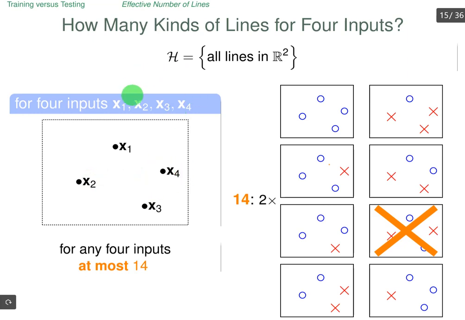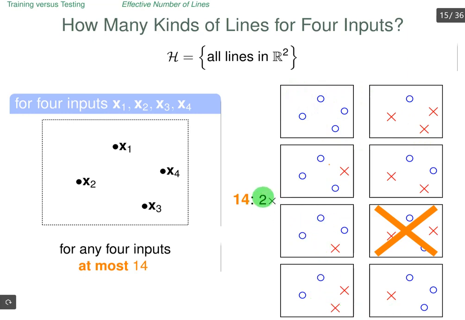Why 14, not 16? We will have 2 cases similar to nonlinearly separable data, so we cannot provide these labels in 2 cases. First 2 blues, 2 reds, and then the next possible combination is blue, blue, red, red. And then these are all possible labelings.